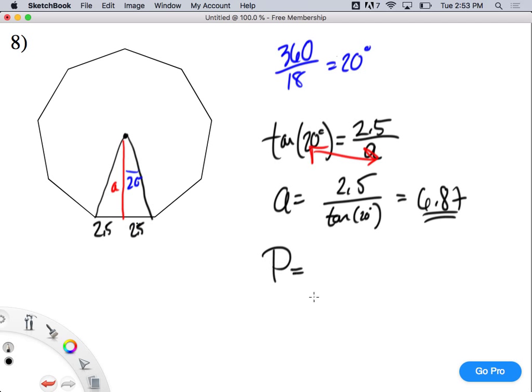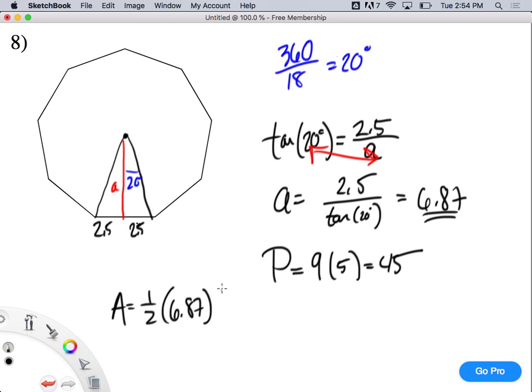Now, what's the perimeter? Each one of these is 5. We have 9 sides. So it's 9 times 5, which is 45. The area equals 1/2 the apothem, 6.87, times the perimeter, 45.